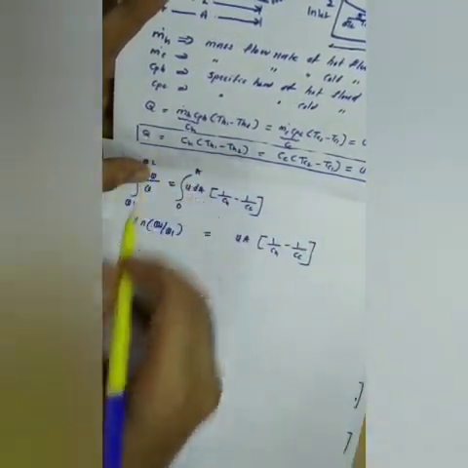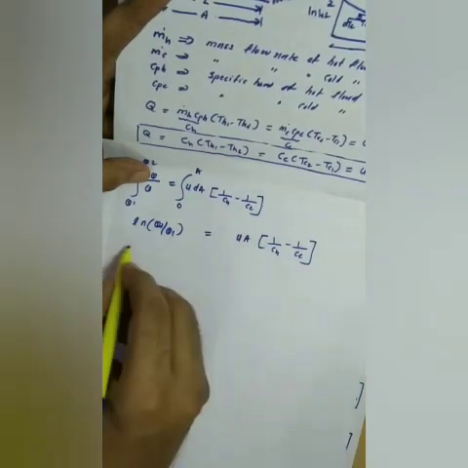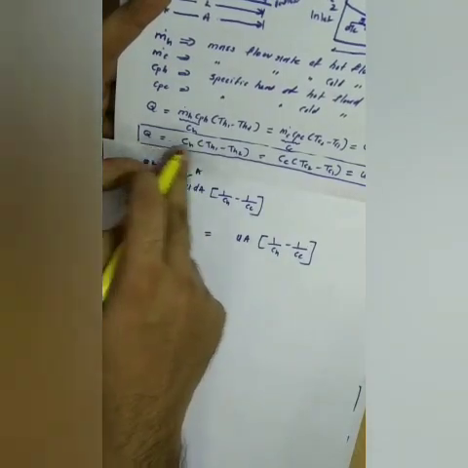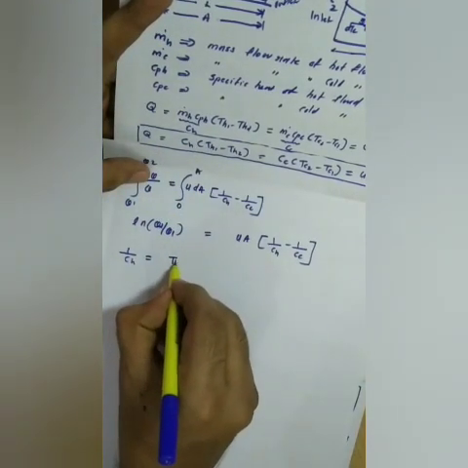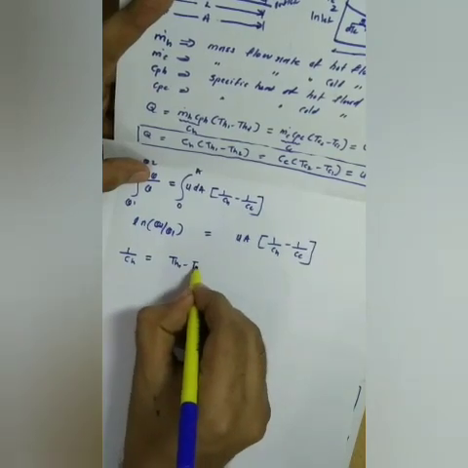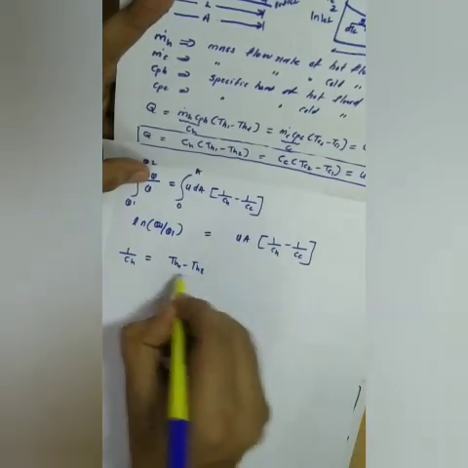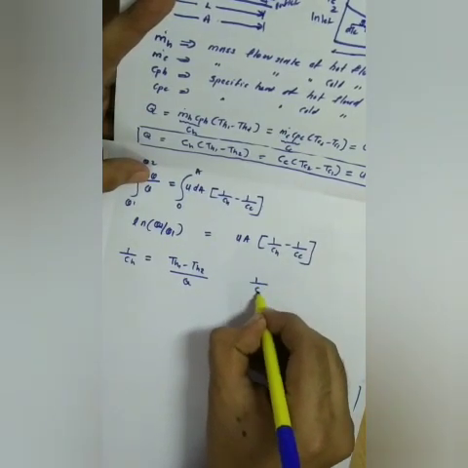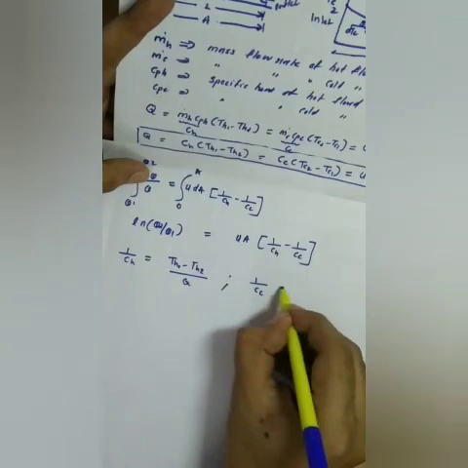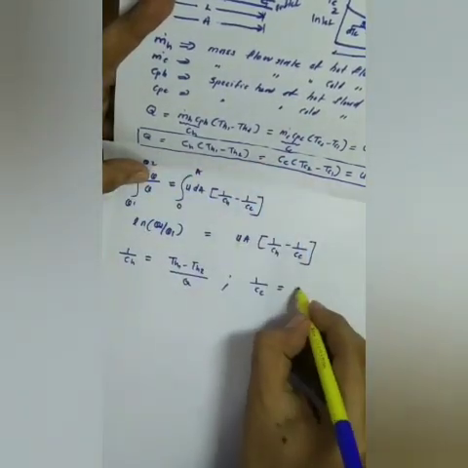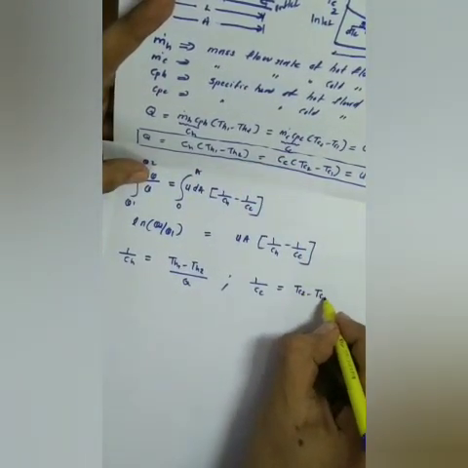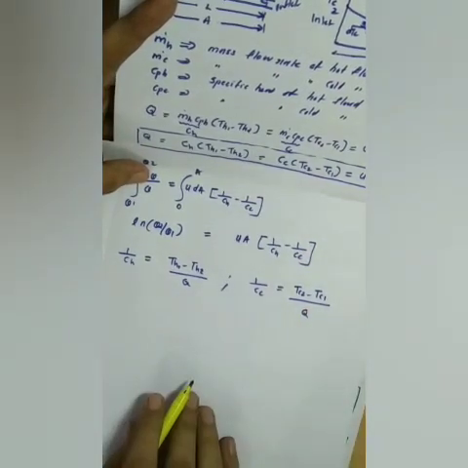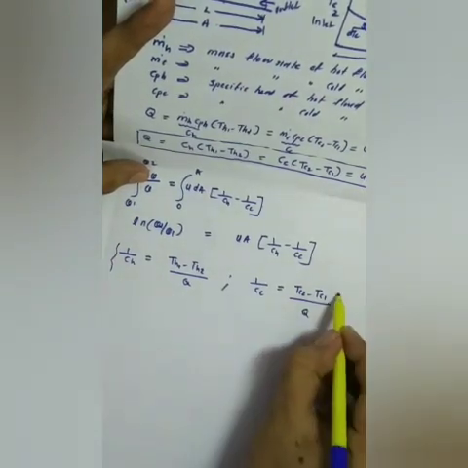So from this equation I can write 1 by Ch as Th1 minus Th2 divided by Q, and 1 by Cc is equal to Tc2 minus Tc1 divided by Q. So now I can substitute these values.